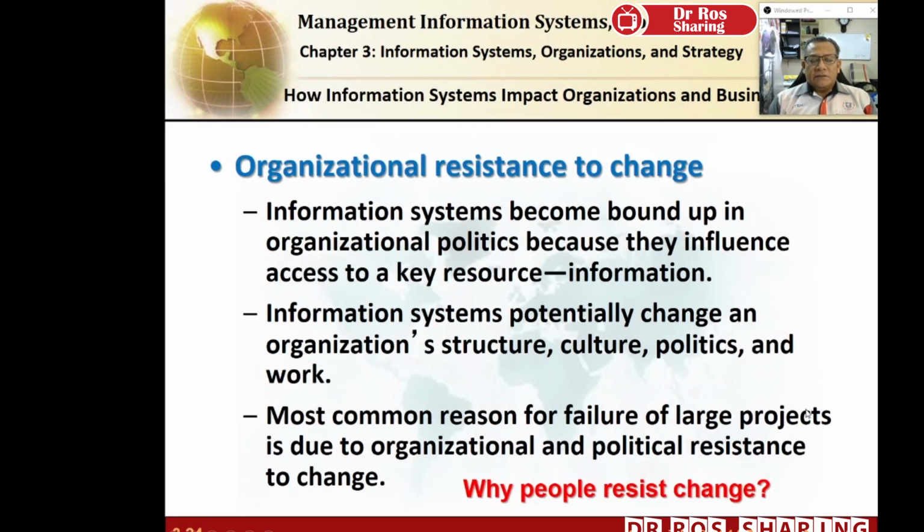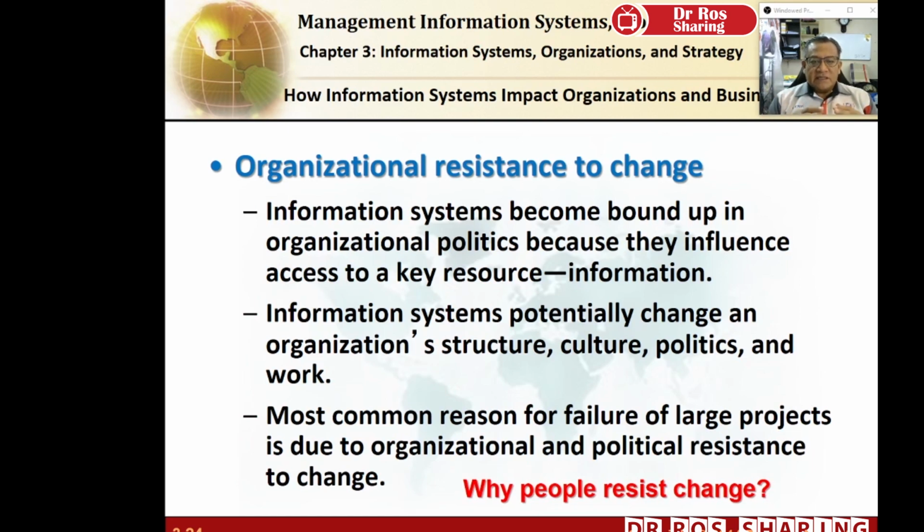Okay, so it is typical to understand that organizations resist change. Why do organizations resist change? For example, if you want to introduce a new IT system, like a new server or a new MRP system, why do many organizations resist?